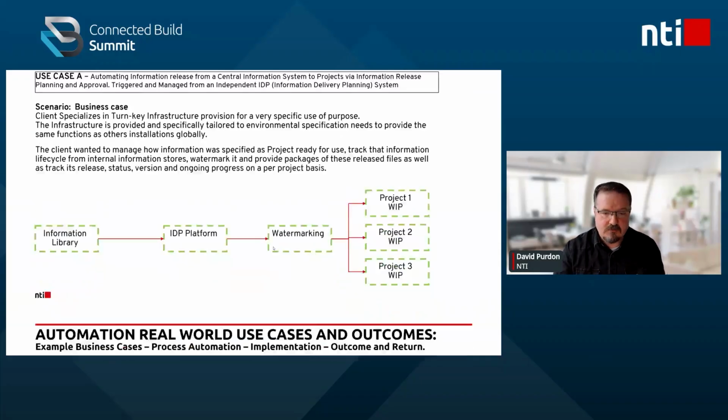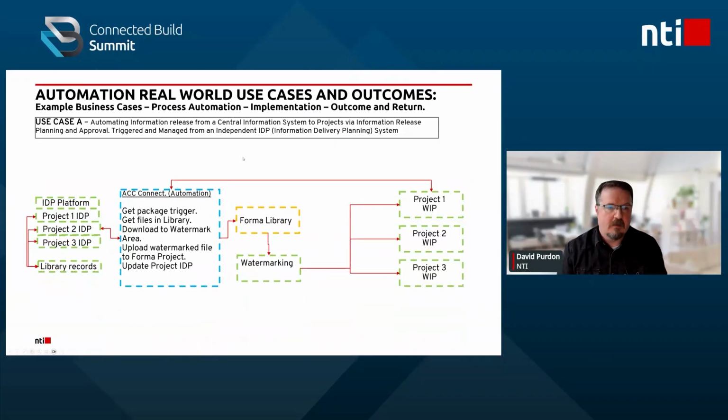So as a solution, what we ended up providing was consultancy in rejigging their information delivery planning system to incorporate smaller independent project delivery plans. And in those plans were a breakdown of documents and work packages that contained those documents. In those delivery plans, we then scaled out all the metadata requirements that would be needed internally and on the projects that they were going to be hosted on, in this case, Forma.